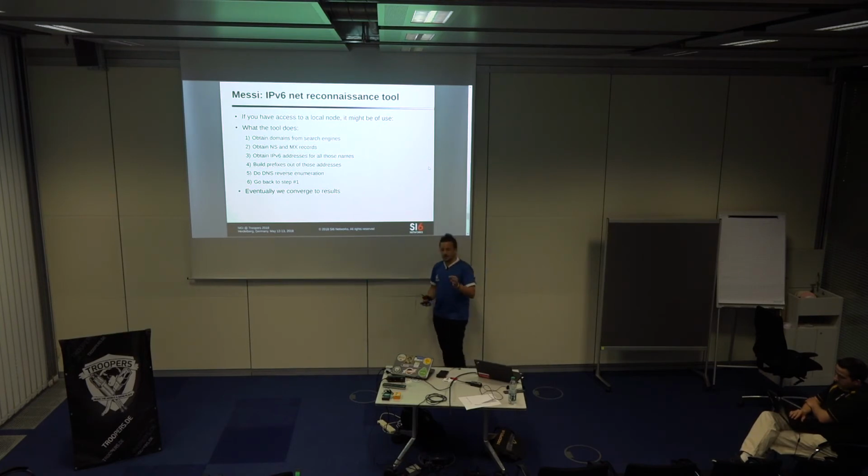Now, obviously, there are a few more bits that are added to this. For example, setting filters. And the filters at this point in time are very simple. You can tell the tool, for example, if you are finding domain names, I want domain names only in this zone, okay? Because it's very easy to get out of your way. For example, it's quite usual that if you have a domain name, many of the name servers might belong to DNS zones that are totally different from what you are interested in.